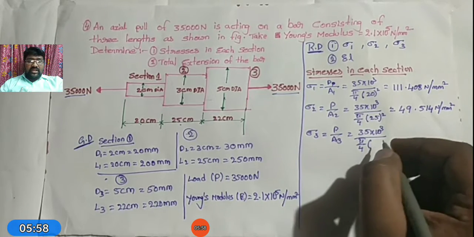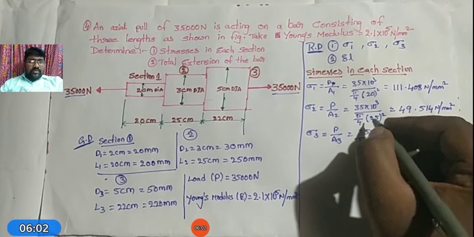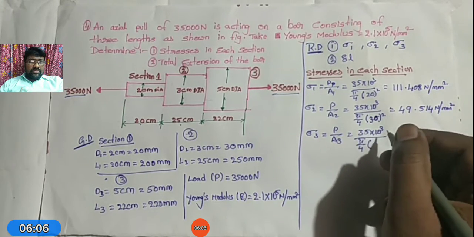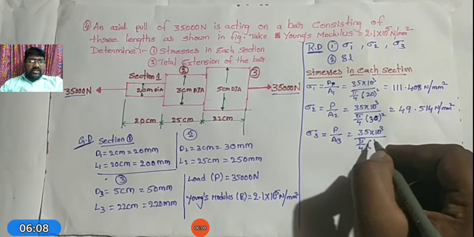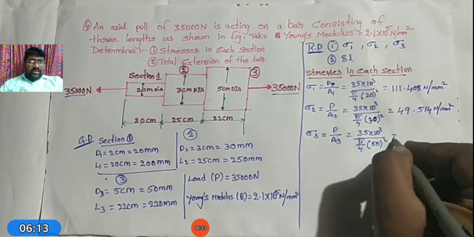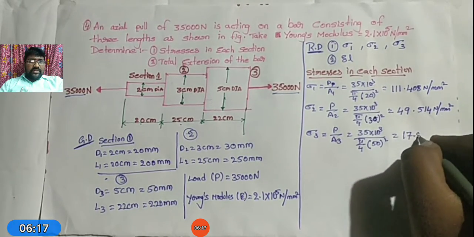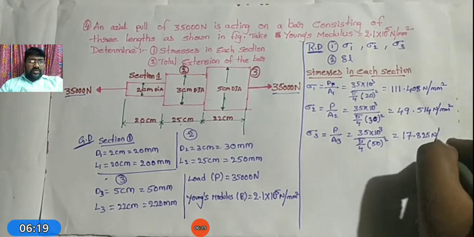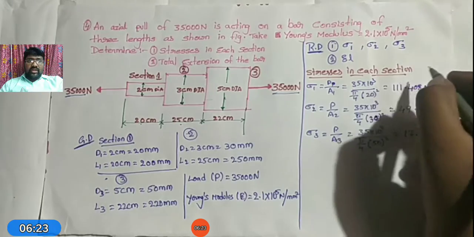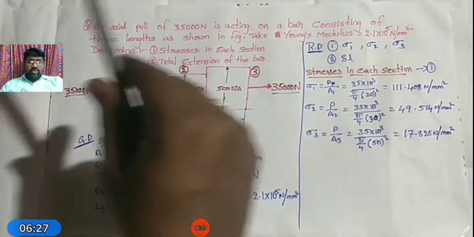Sorry, the diameter in section 3 is 5 centimeters, converted into millimeters that is 50. So the stress is 17.825 Newton per millimeter square. These are the stresses in sections 1, 2 and 3.